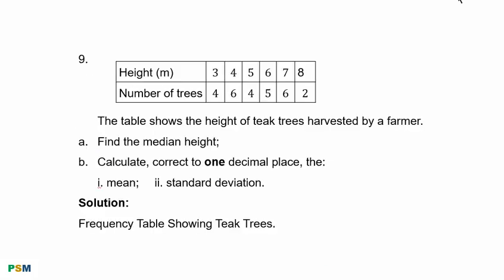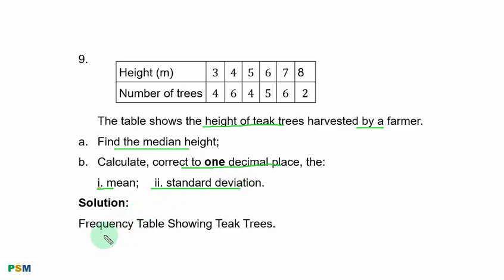Question 9. The table shows the height of thick trees harvested by a farmer. A part of the question: find the median height. B, calculate correct to 1 decimal place the Roman figure 1 mean, Roman figure 2 standard deviation.